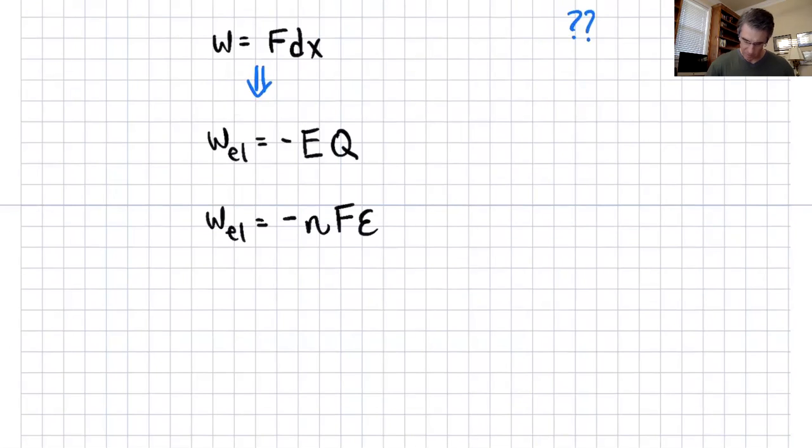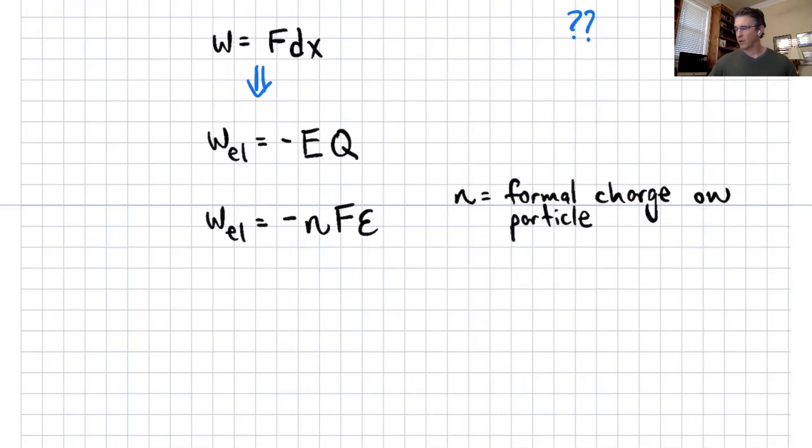Formally, n is literally the formal electrical charge on the particle that we're thinking about. F then is of course Faraday's constant.